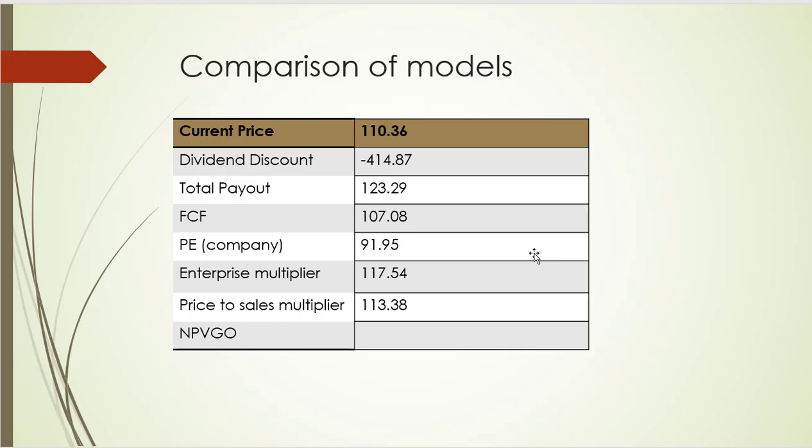Some of them outrageous, some of them not possible, like negative $414. I revised that a little bit, and we still came out with a value of around $90 to $100 with that revision. But the purpose of this is to get a picture of how companies determine what their stock is really worth.